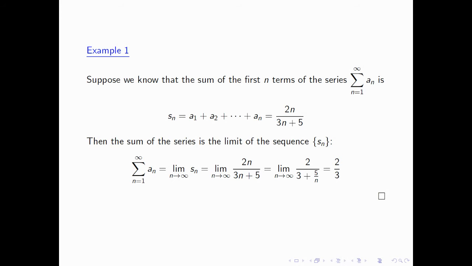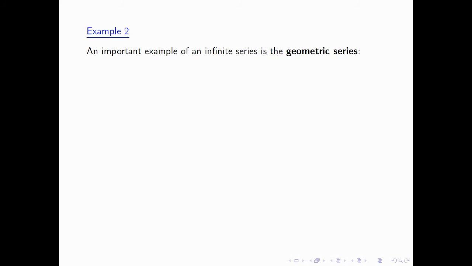The detail I haven't written out is the detail around using the limit laws, right? Because before you get the final equal sign, you can say it's equal to the limit as n goes to infinity of 2 divided by the limit as n goes to infinity of the denominator, and so on. That final answer is 2 divided by 3.